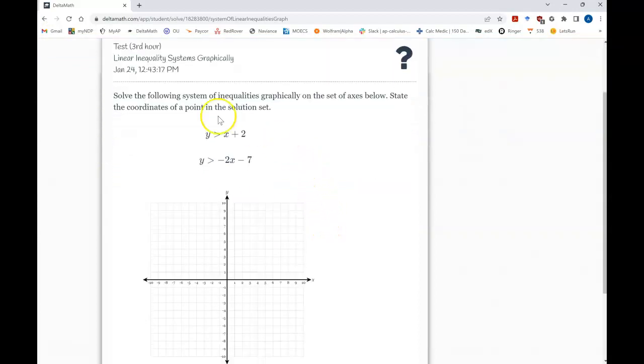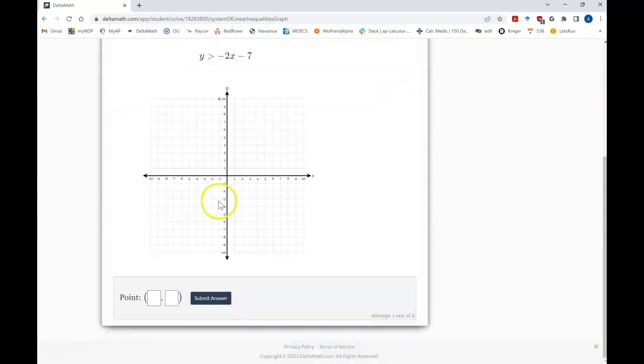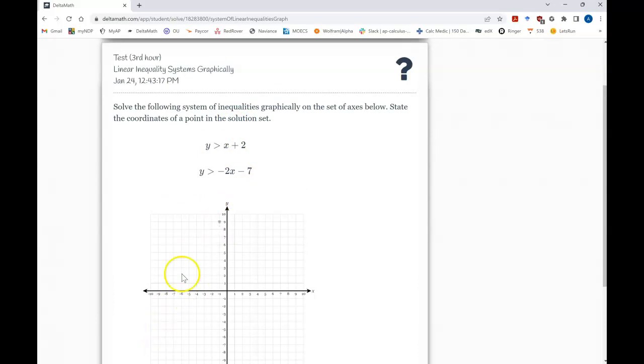There's solving linear systems by graphing. Keep in mind that it also says state the coordinates of a point in the solution set. So you just pick something in the solution set also. So you draw your thing and do your shading, just like whatever you need to do.